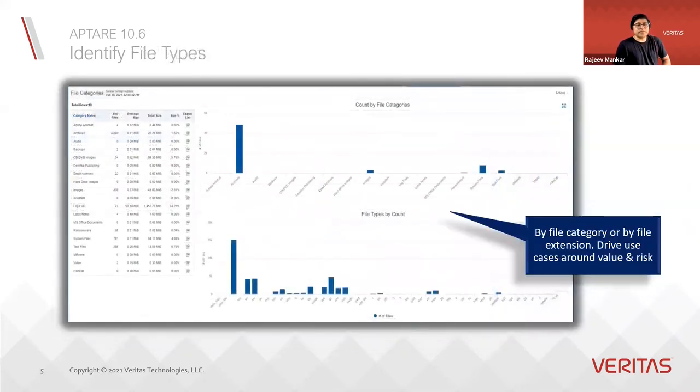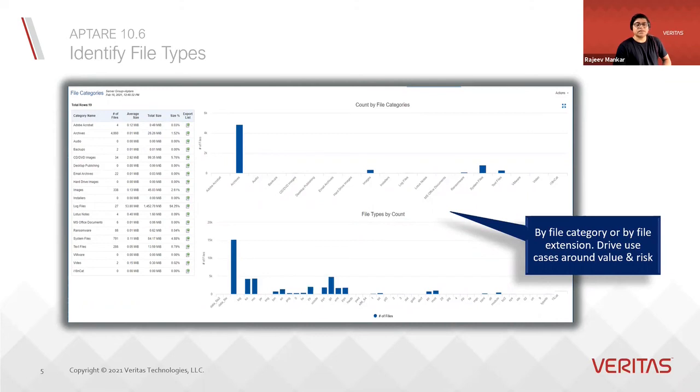We also have another report along similar lines, which categorizes the files by the extension. We do have some predefined extensions, and further, you can customize and add extensions. For example, if you have newly discovered file extensions which could be a potential ransomware, you can identify and filter them out.